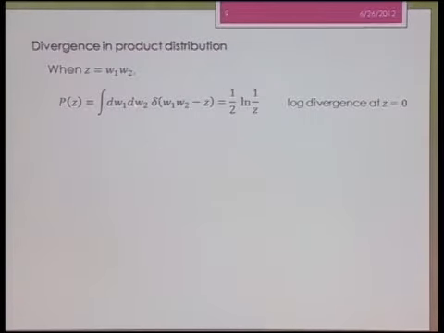Then we can calculate the probability distribution function of this random variable, and we can perform this delta function integral quite easily. Finally, we got this form. And this form suggests that once we reach the Z equals 0 region, there is a clear divergence in this function. This is the interesting feature of the product distribution.